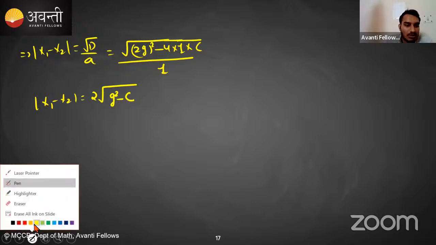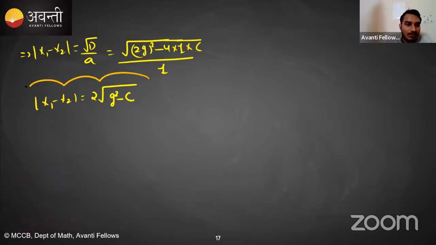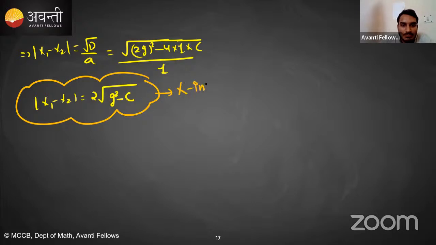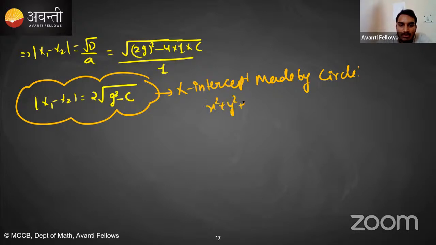Very, very important formula. The x intercept made by the circle x square plus y square plus 2gx plus 2fy plus c is equal to 0.